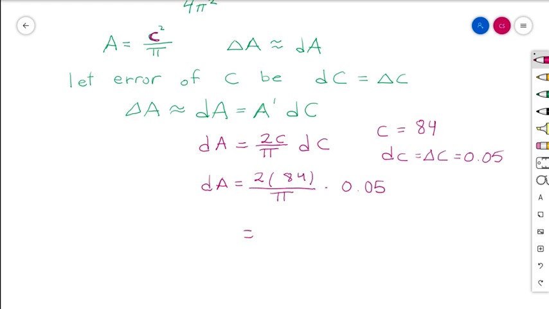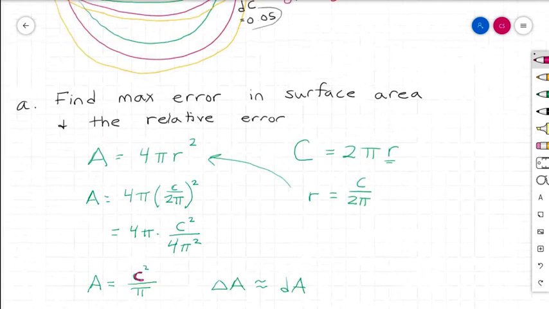Okay, and if we clean this up, we should get something like this: 27 centimeters squared. All right, and actually let me just check. I think I got this delta C incorrect, guys. I'm sorry.